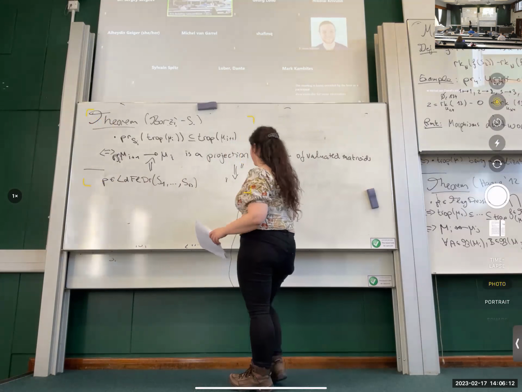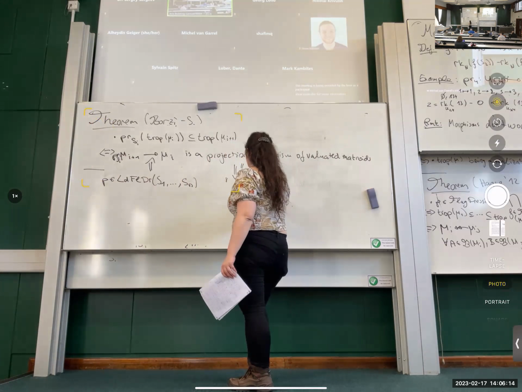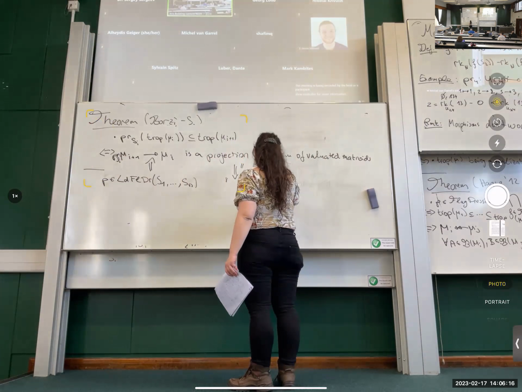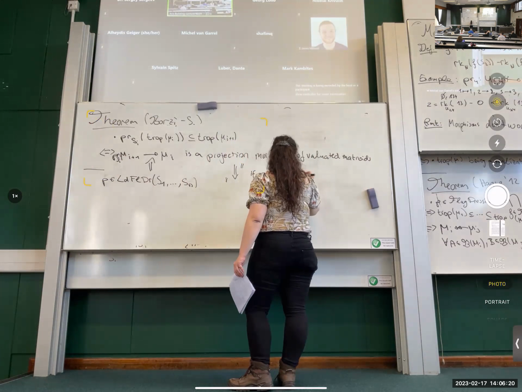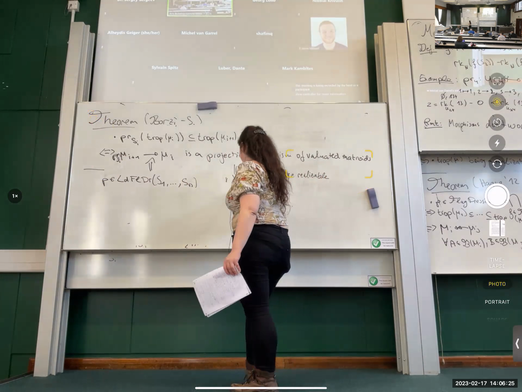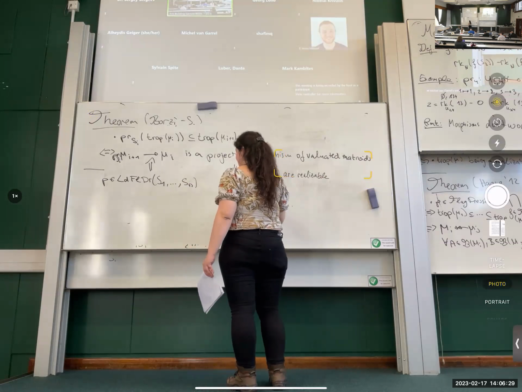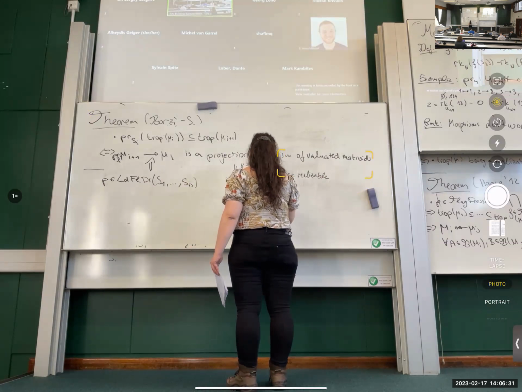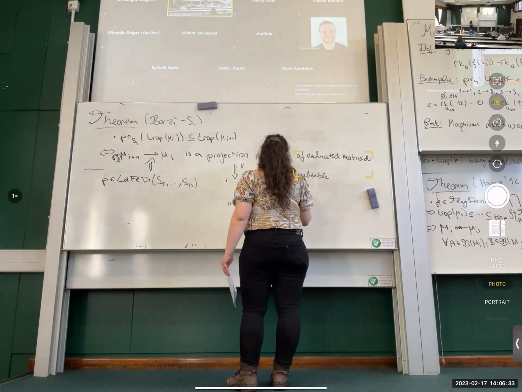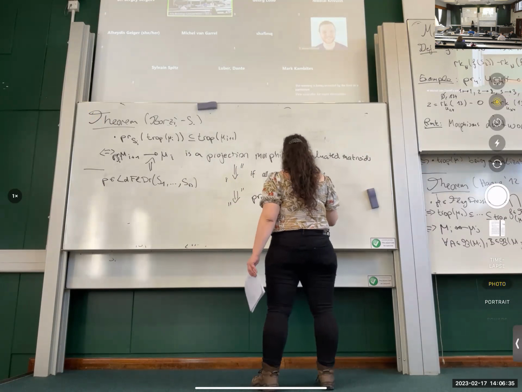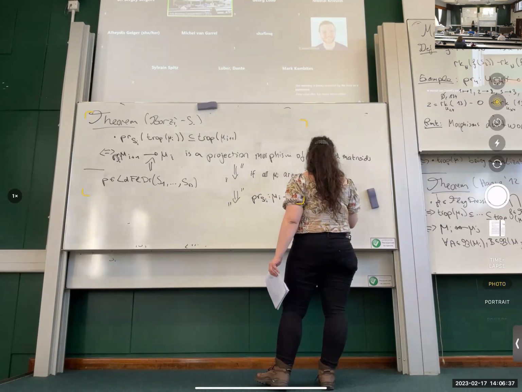We have the opposite direction if all mu I are realizable. And we have the opposite direction under an additional, much stronger assumption, namely that the projection from mu I into mu I plus 1 is also a morphism of valuated matroids.